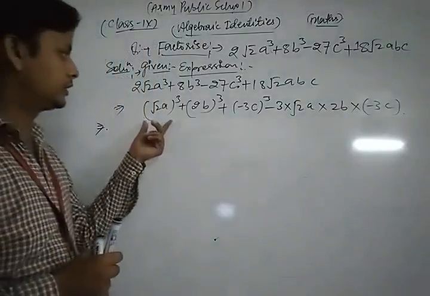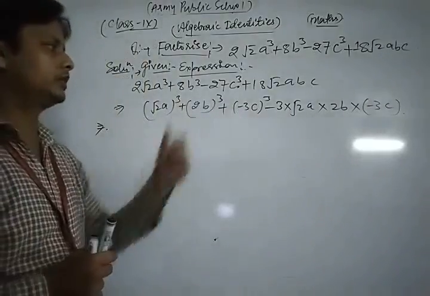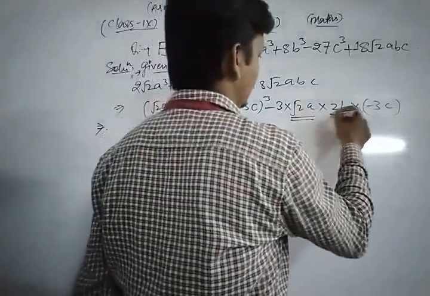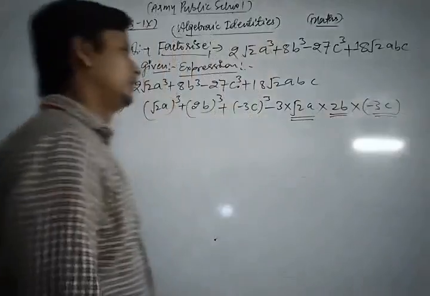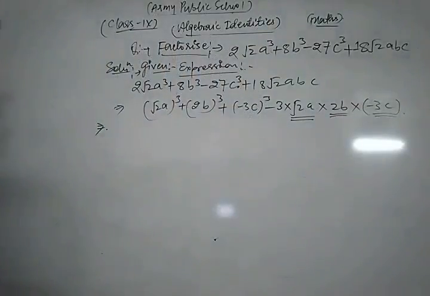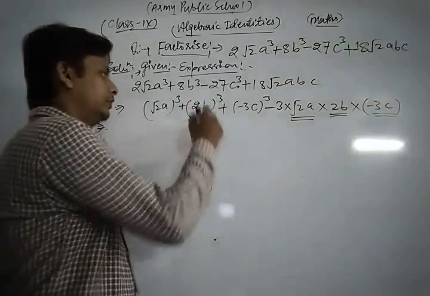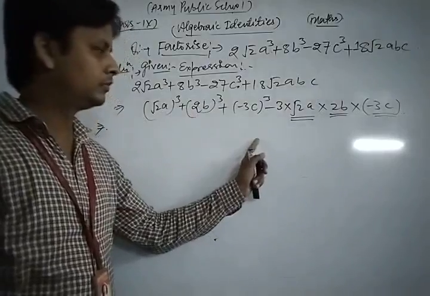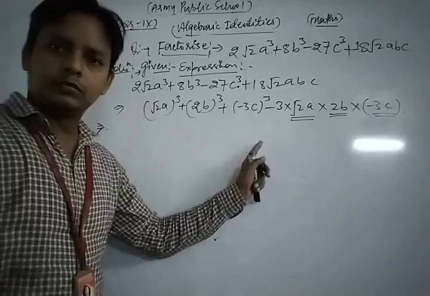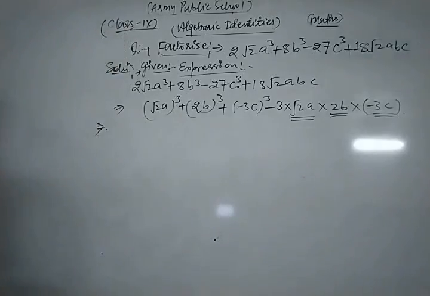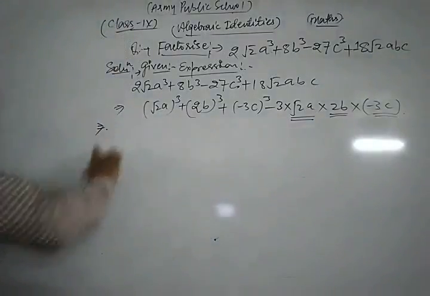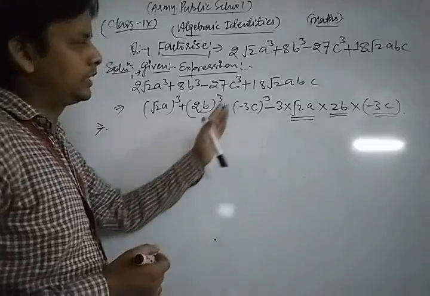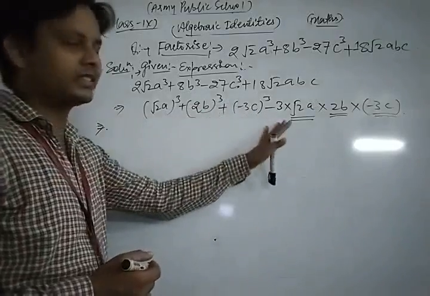Now this is in the form of a cube plus b cube plus c cube minus 3abc. So this is the question here. Okay, now look, a cube plus b cube plus c cube minus 3abc, na?